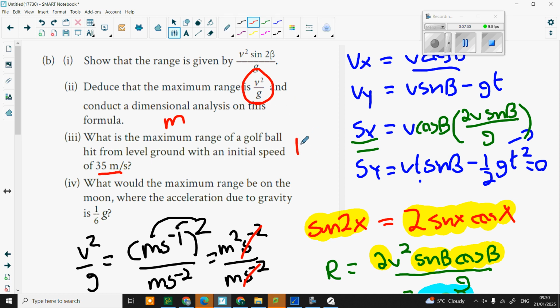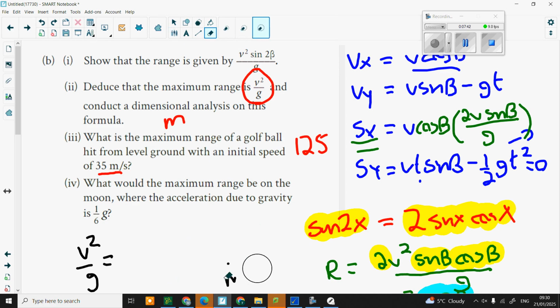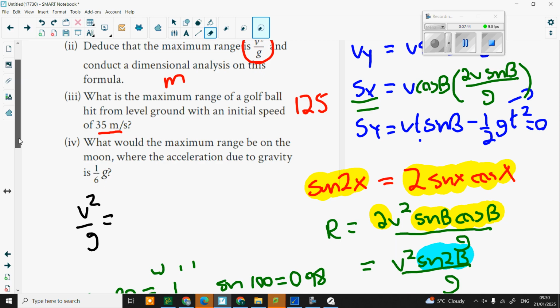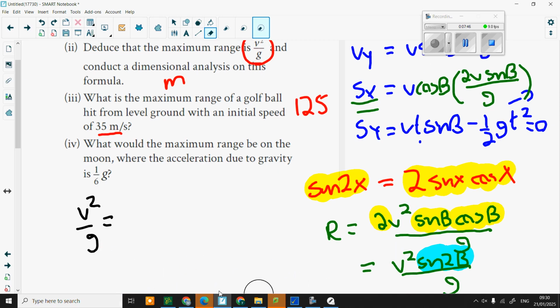Okay. Now, what would be the maximum range on the moon where the acceleration due to gravity is a sixth gravity? Okay, have an idea. We get our formula. Everybody see the formula we had earlier? u squared over g. And what we do is we put a sixth gravity instead of gravity. What's 1 divided by a sixth?